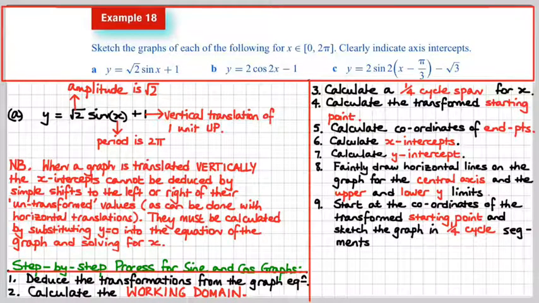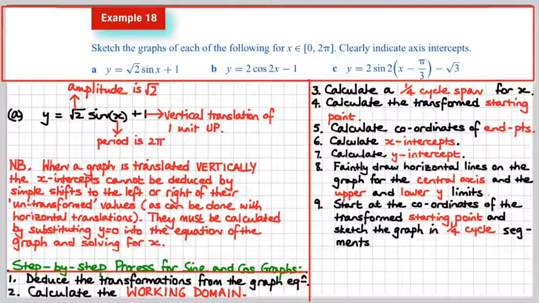Ninth, now this is where the rubber hits the road, the sketching. I start at the coordinates of the transformed starting point, and then I sketch the graph in quarter cycle segments. That means, for example, from the central axis to the uppermost point, it'd be a quarter cycle.